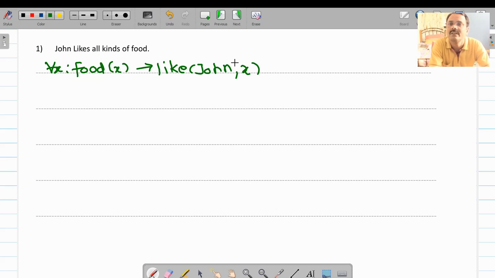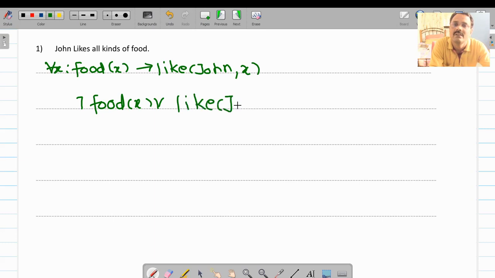John likes all kinds of food, all food. So for all x we have used. Now convert it into the normal form, that is conjunctive normal form. Remove this implication, that will give you not food x or likes John x.